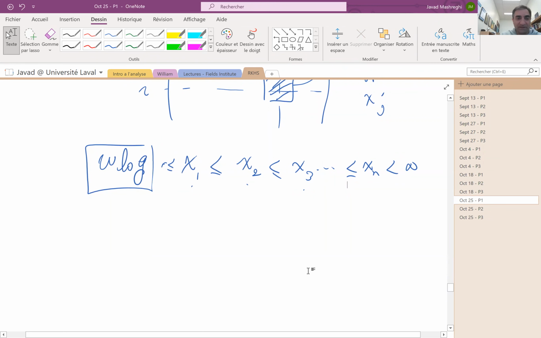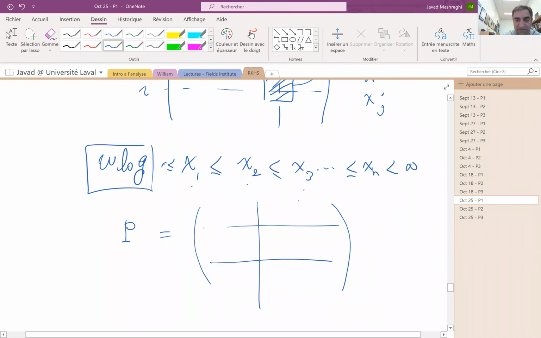Because if P is a permutation matrix, it means that it's a matrix of this form. All elements are 0 except at the intersection of 2 rows and 2 columns. Here we put 1 here, 1 here, and of course all on the diagonal is equal to 1.